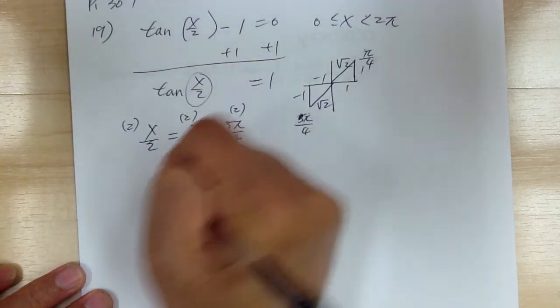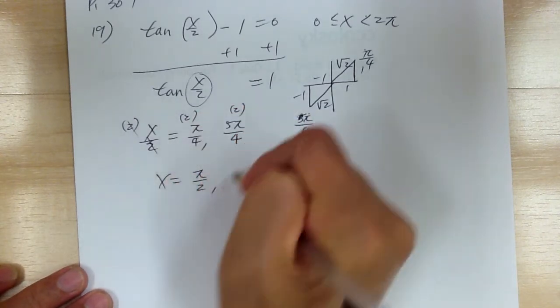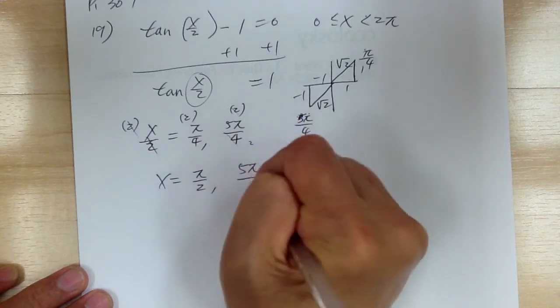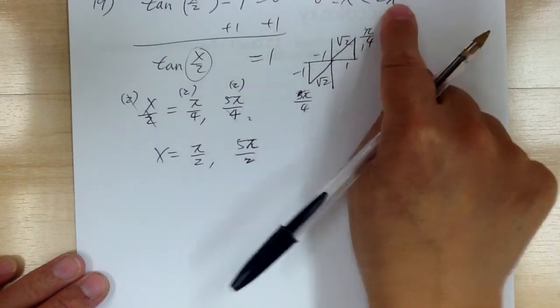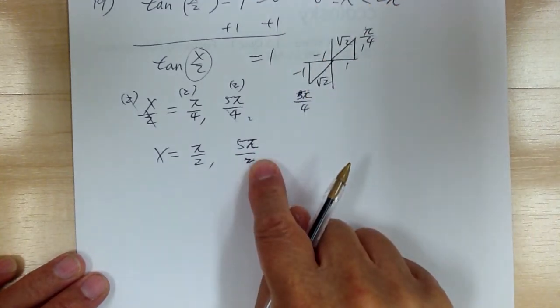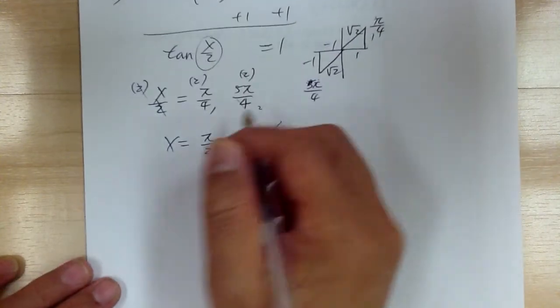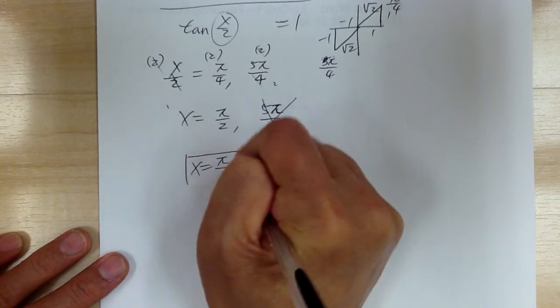So you're going to get x equal to pi over 2, and this one is going to be 5 pi over 2. Okay? But this one is no good because you can only go from 0 to 2 pi, right? This is 2.5 pi already. So this is out of the boundary. So this is no good. So your answer would be just x equal to pi over 2.